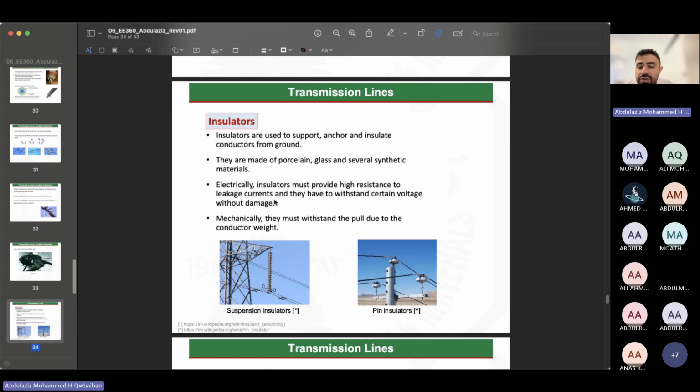So if you take the high voltage course, the professor, I think Dr. Omar Khan, will teach you how to design them, how many layers you need, etc. Also, they have to carry the weight of the tower and line configuration together.